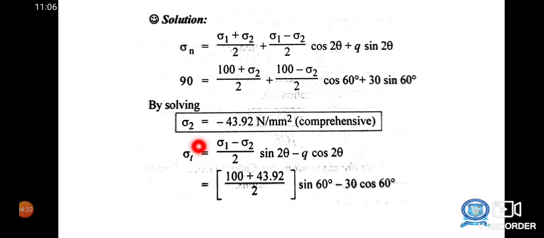Next we will find out sigma t. The formula for sigma t is sigma 1 minus sigma 2 divided by 2 sin 2 theta minus q cos 2 theta.